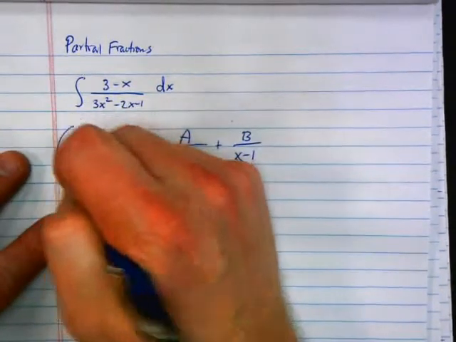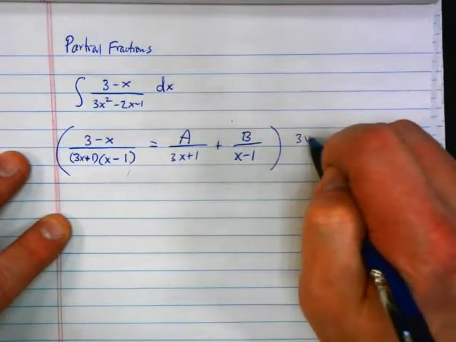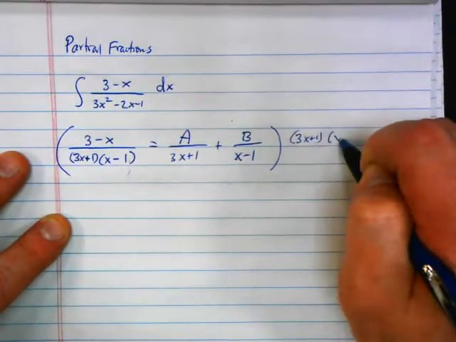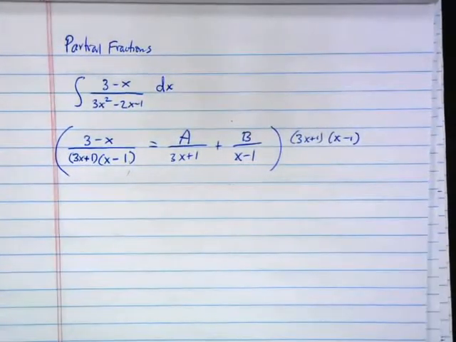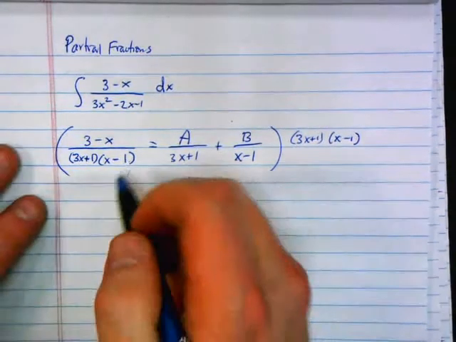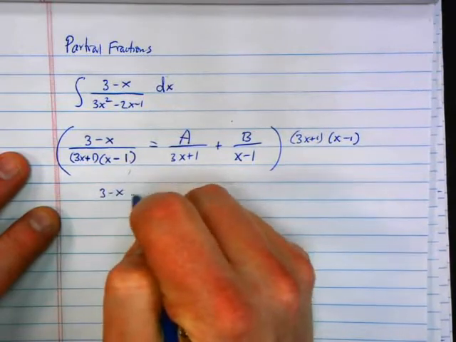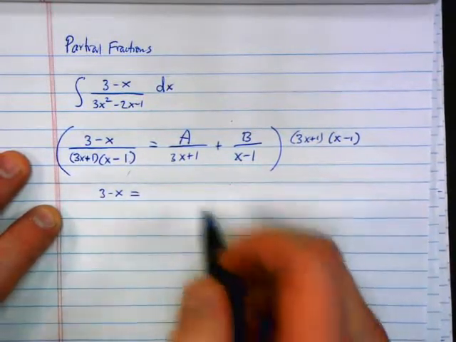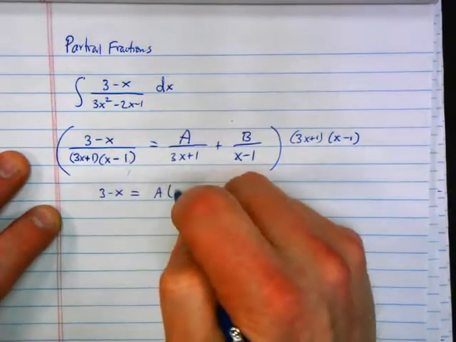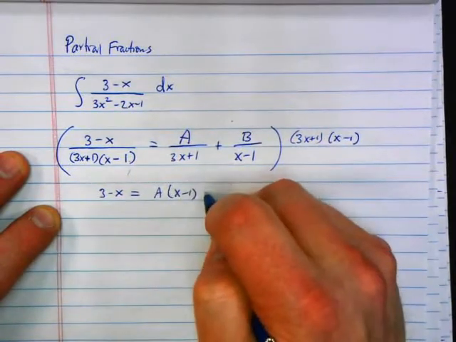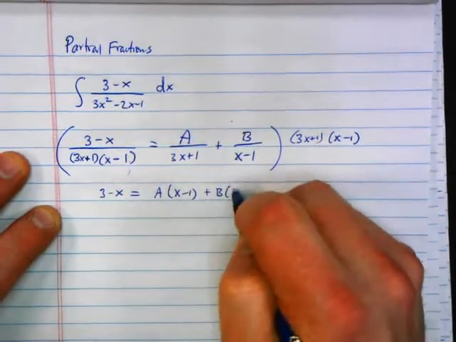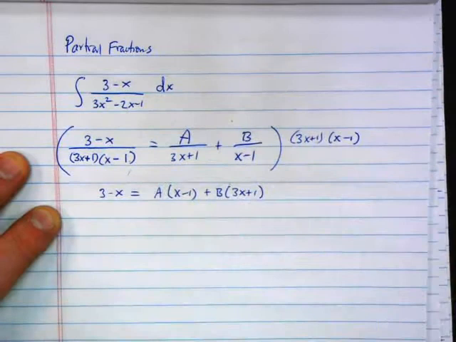You multiply the whole thing by the common denominator, 3x plus 1 times x minus 1. Left-hand side, 3 minus x. Right-hand side, A times x minus 1 plus B times 3x plus 1.